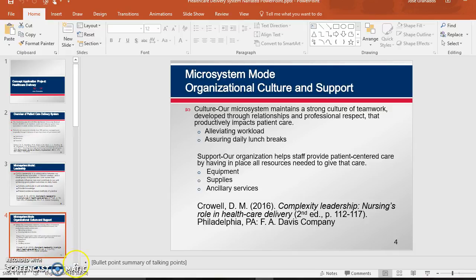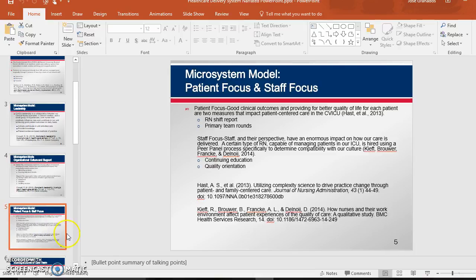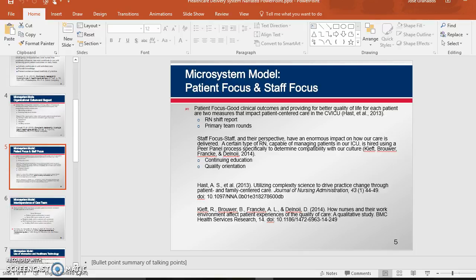The next slide is patient focus and staff focus. Patient focus, being a patient-centered care microsystem, we make sure that we address the patients at all times.